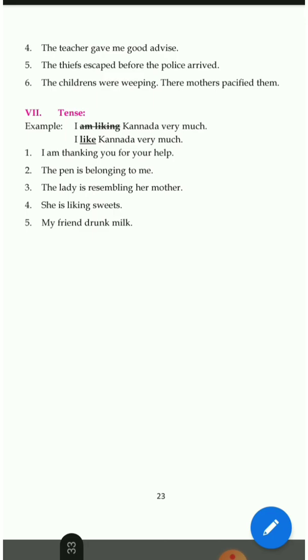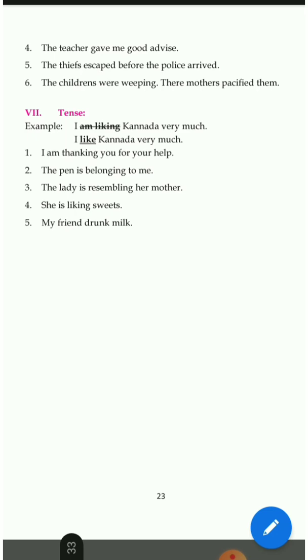You should not add ing to that. In other contexts, of course, we use that, but that is a different form of the grammar. That is not necessary for you. But whenever you use I, it should be have, not having. Keep that in mind. So the lady resembles her mother. That's it.